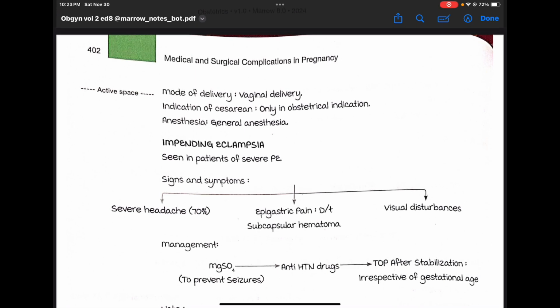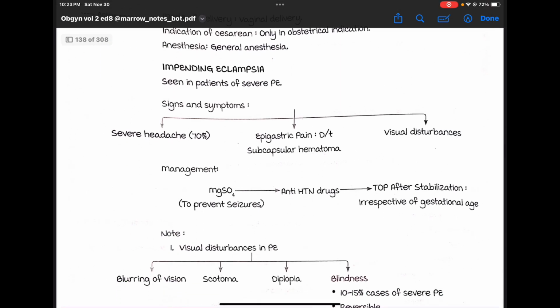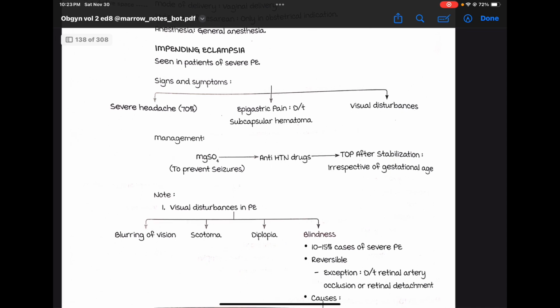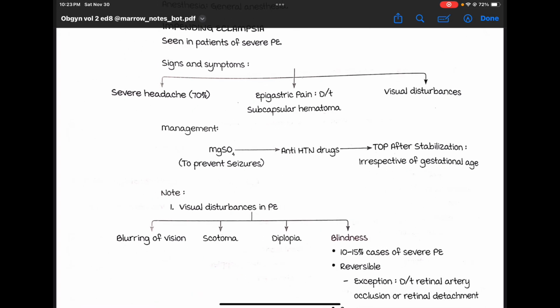Impending eclampsia is seen in patients of severe preeclampsia. Signs and symptoms: severe headache in 70%, epigastric pain due to subcapsular hematoma, visual disturbances.